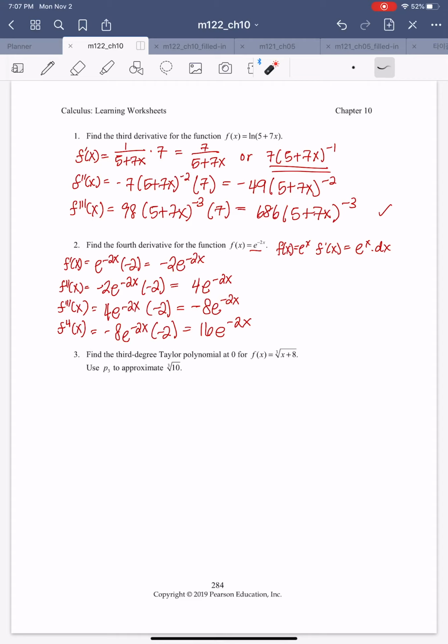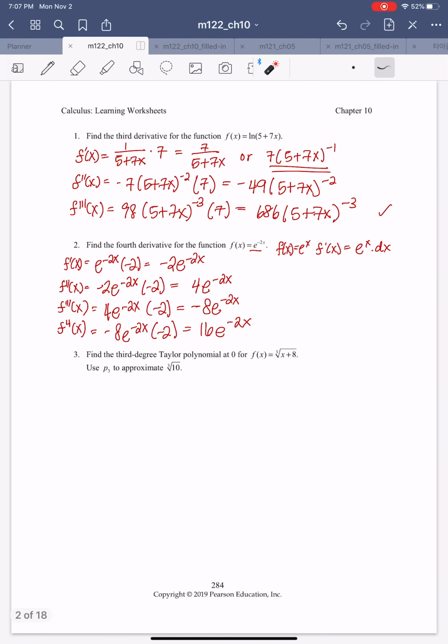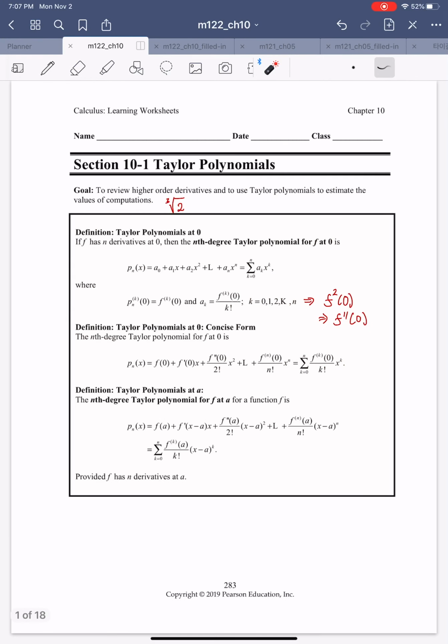So let's come up with the Taylor polynomial in its third degree. That means we have to take the derivative at least 3 times, because n is 3. And this is the formula that I'm going to be using, right over here. Because it's asking you to write it out at 0, we need to take f of 0, take the first derivative, plug in 0, and then the second derivative, plug in 0, all the way up to the third.